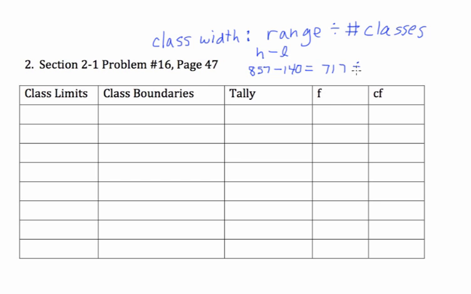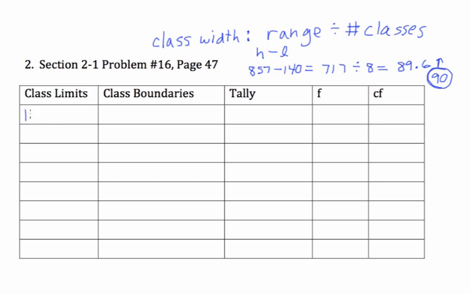Divide that by 8. The book told us to put 8 classes. And we get 89.6, which we will automatically round up to be 90. Our class width is going to be 90.